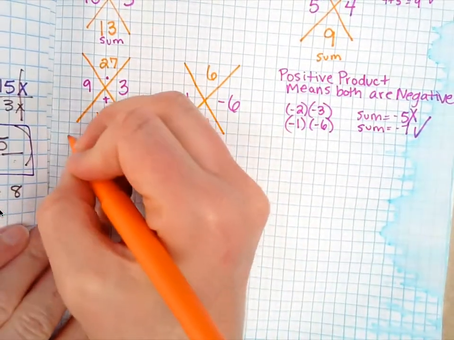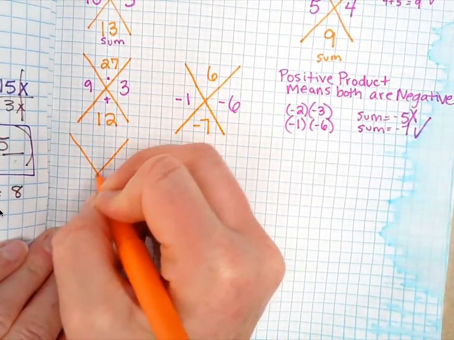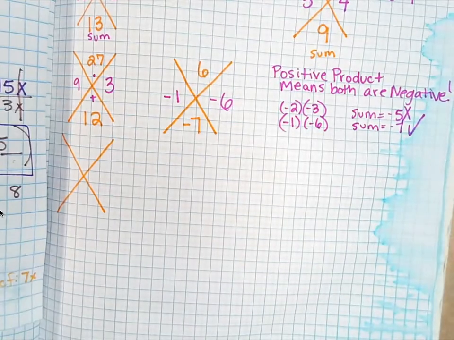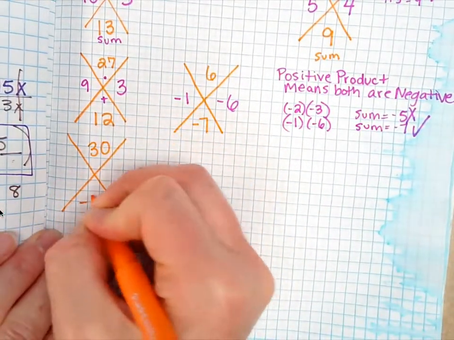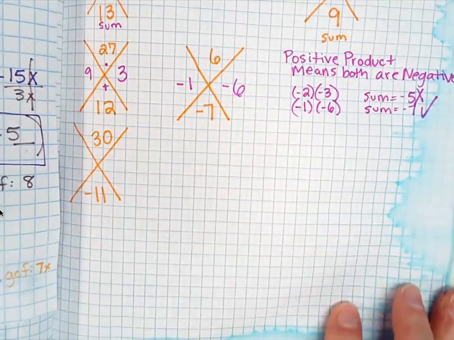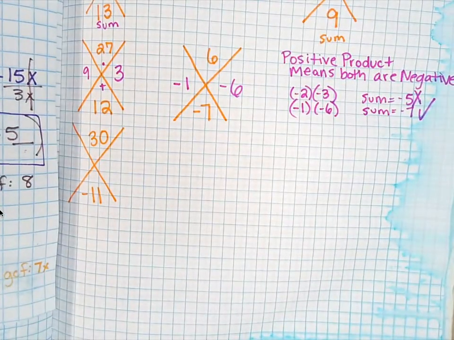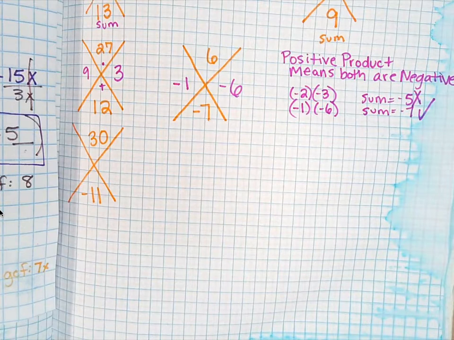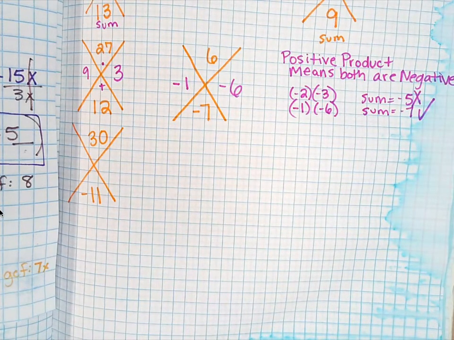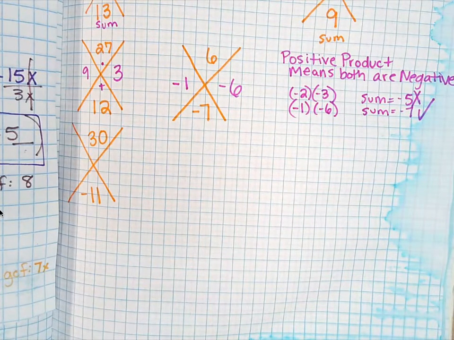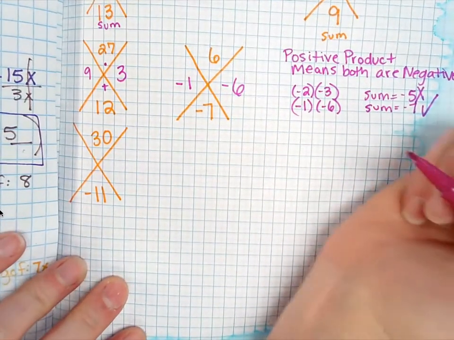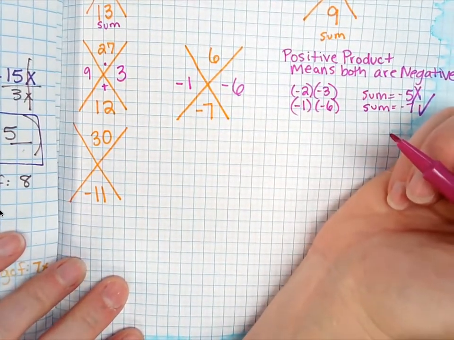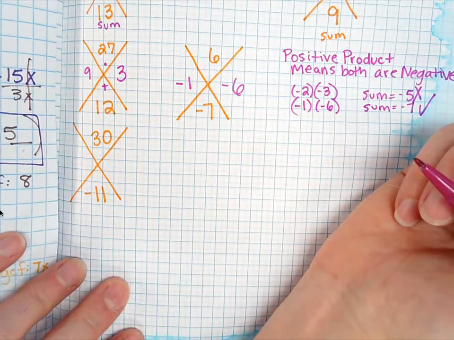All right, let's do another one. 30 product, negative 11 sum. What 2 numbers multiply to get positive 30 but get a sum of negative 11?